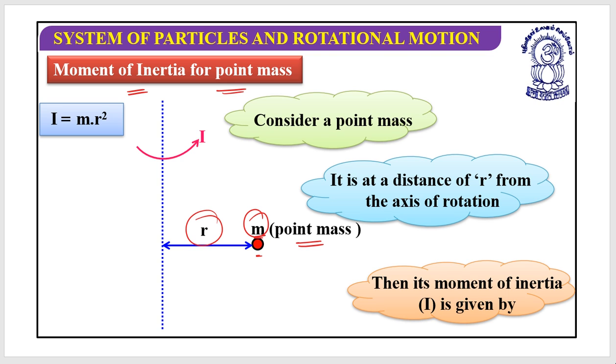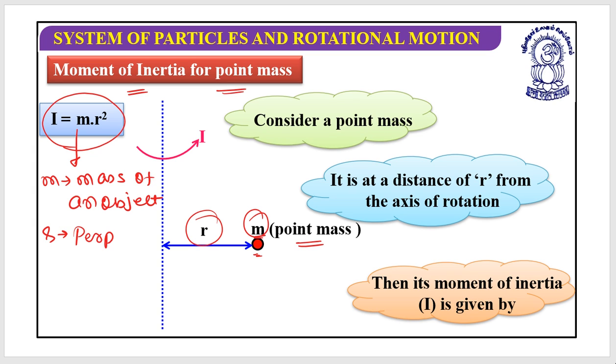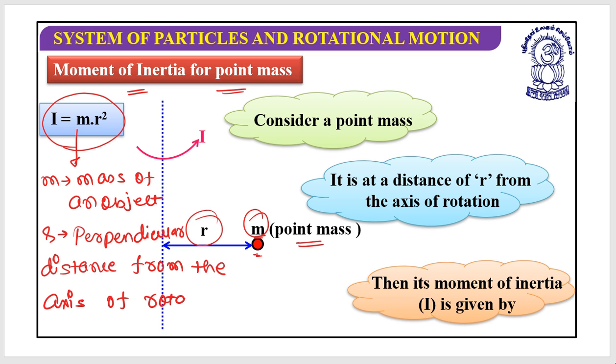So the moment of inertia of the point mass is equal to m r squared, where m is the mass of the object, while r is the perpendicular distance from the axis of rotation. So moment of inertia I can be calculated as m r squared.